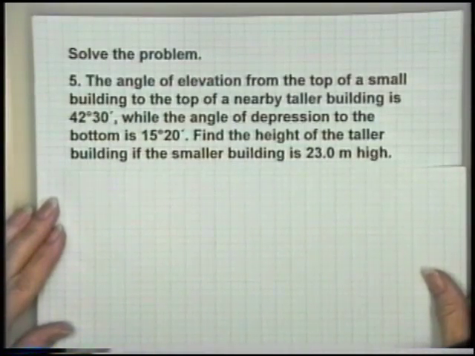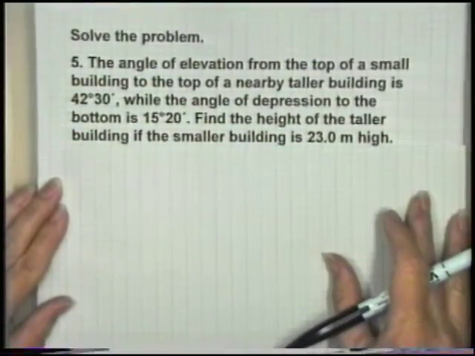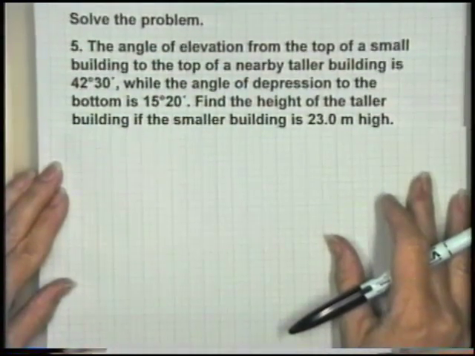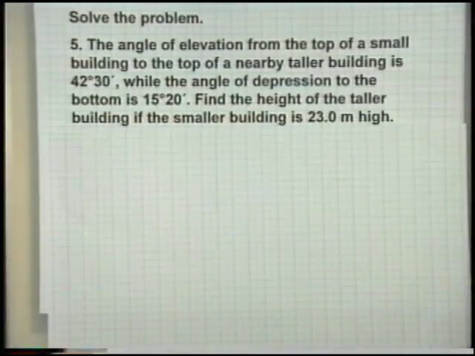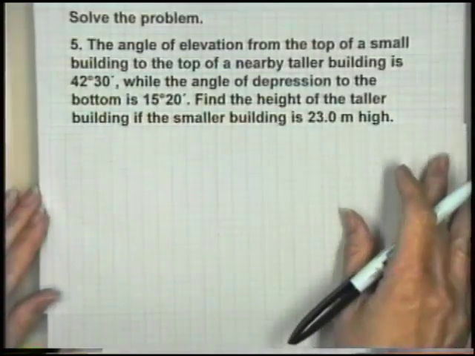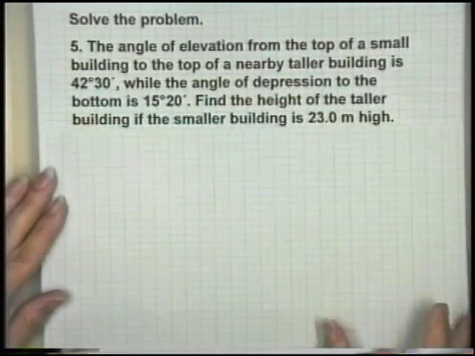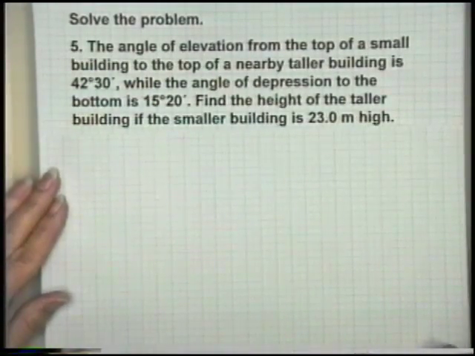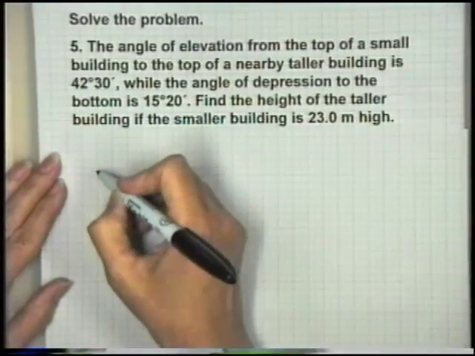Well, let's draw a sketch. Now, I don't know that I've mentioned this, but I hope that you realize that when we draw a sketch, it is certainly not true to scale. What we try to do is just get the angles and the sides in the right place, and we would really have to have a protractor and something to measure with to draw it true to scale.